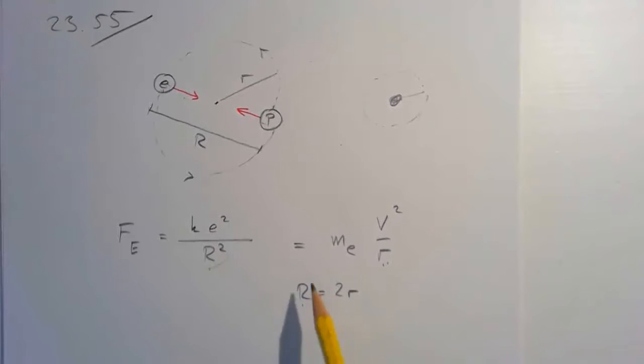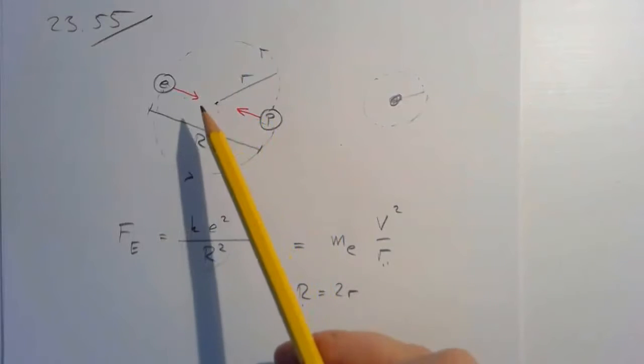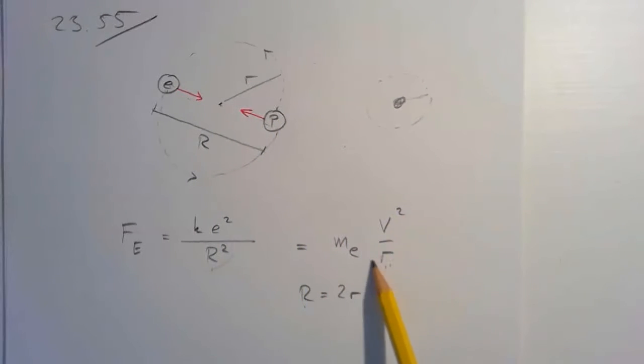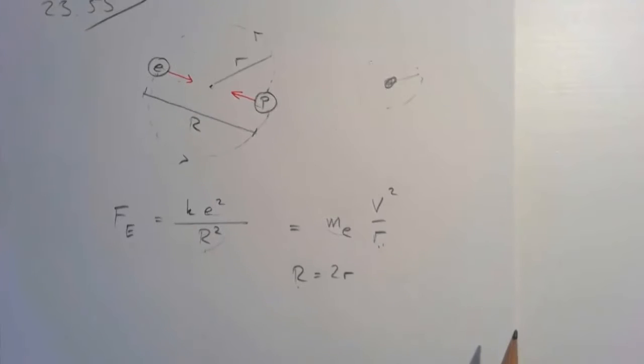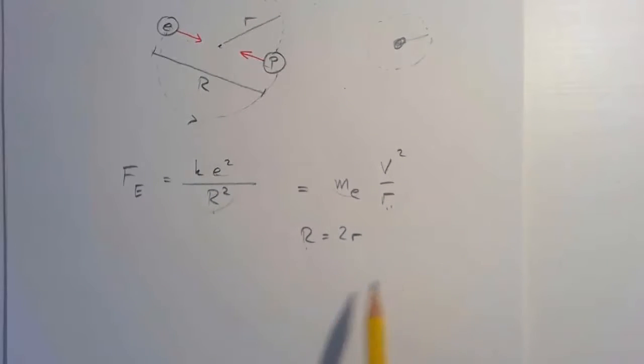Fairly basic, but you only see this if you carefully draw it out. You make sure you understand what's going on, and that this is from the trajectory, the circular motion, and this is from the physical separation. What this allows us to do, because these are physical quantities determined by nature, is rearrange this.